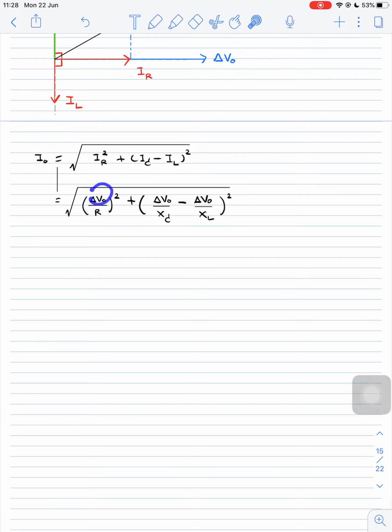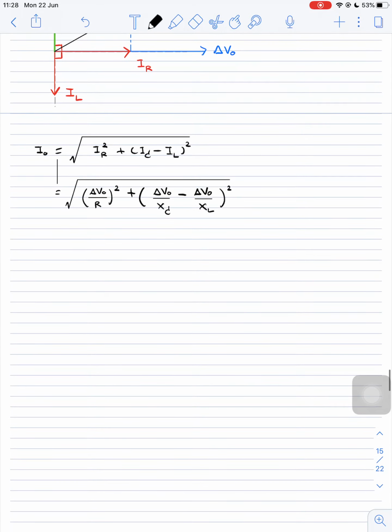So the delta V naught is just the common variable, so we can bring it out from the square root here. Then we have delta V naught times the square root of 1 over R squared plus, 1 over XC minus 1 over XL, squared, and then the square root.